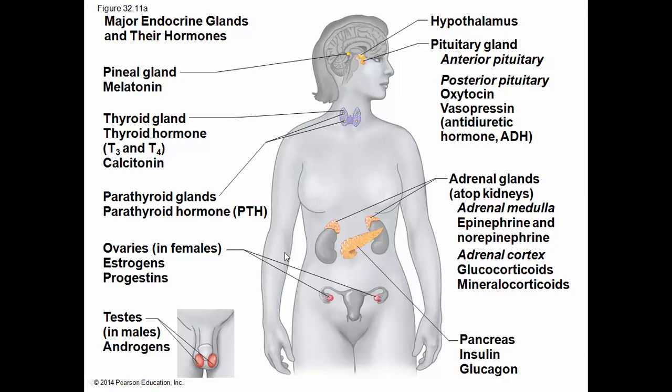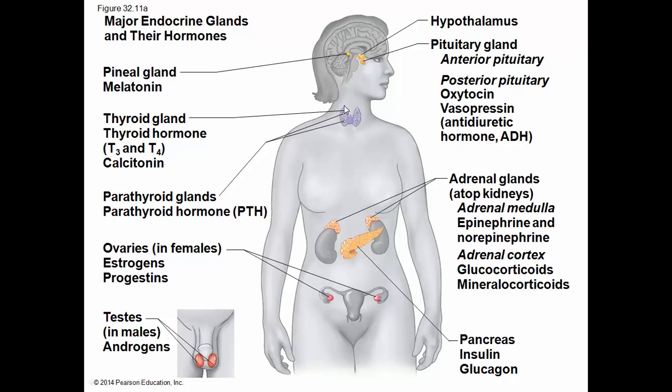And then there are the ovaries in the females and the testes in the males. These are producing hormones related to estrogens and progesterones. They are hormones related to the production of eggs in the reproductive system. We're going to talk about that later on in this unit in another chapter.